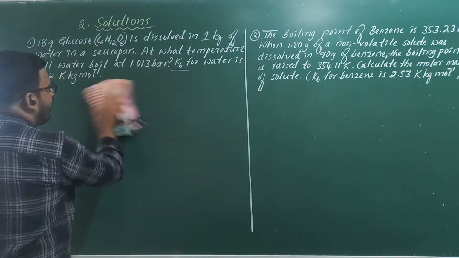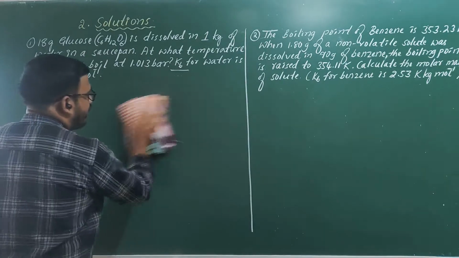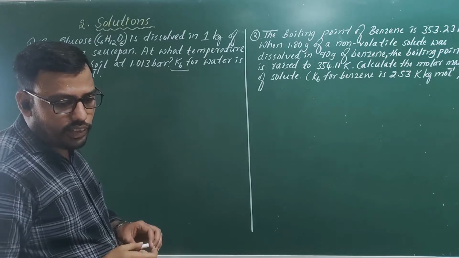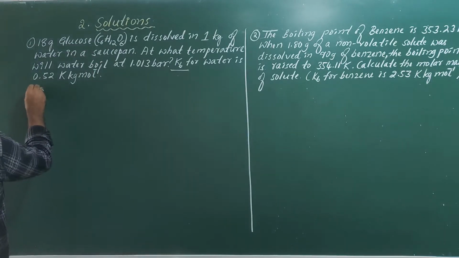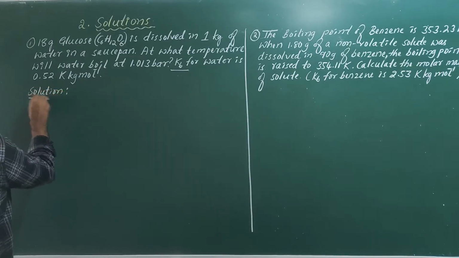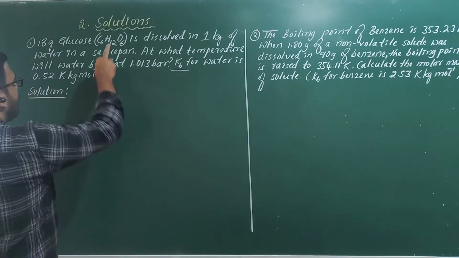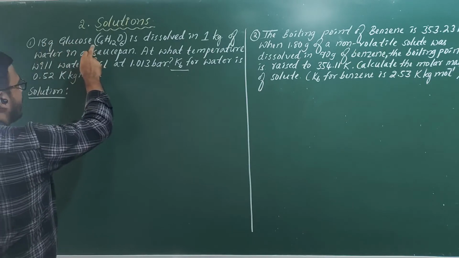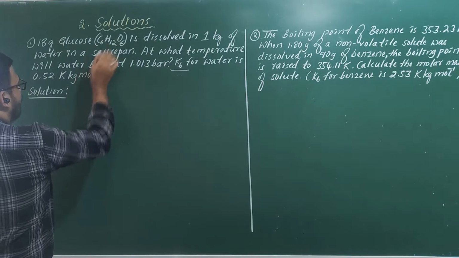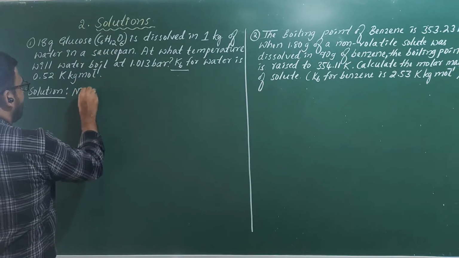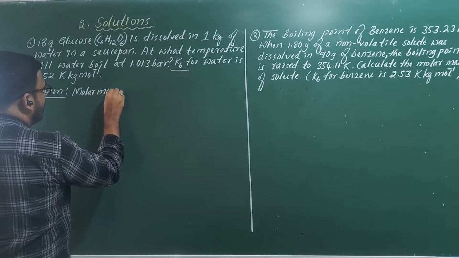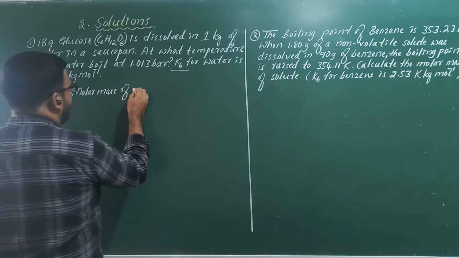Now first we will calculate molality, small m. Solution: 18 gram of glucose is given and the molecular formula of glucose is given. So I will calculate the molar mass, or you can say molecular mass, of glucose.